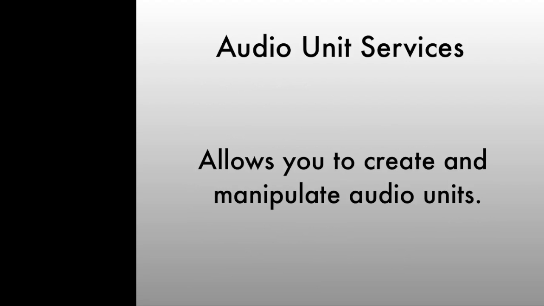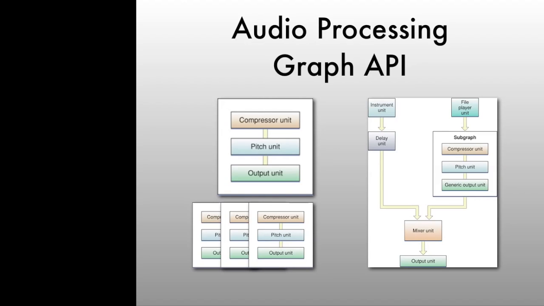So audio unit services, like I said, lets you create and manipulate audio units. I'll show you a breakdown of that a little bit later on. The audio processing graph API basically lets you take audio units like a compressor and a pitch unit and then an output unit. It allows you to connect them together.